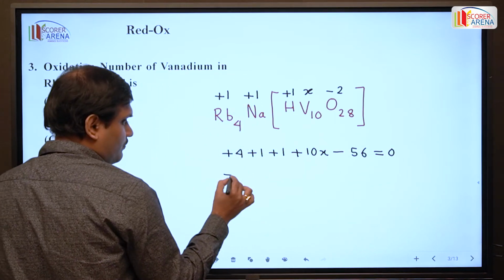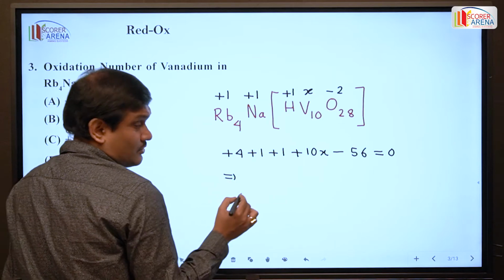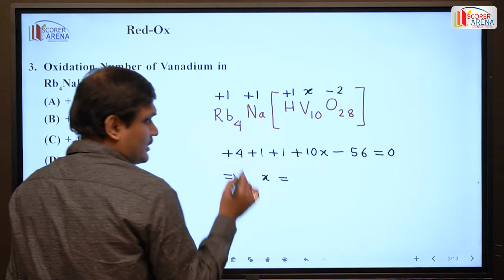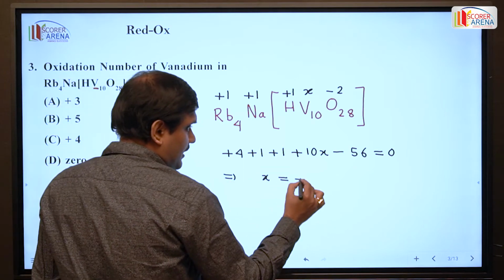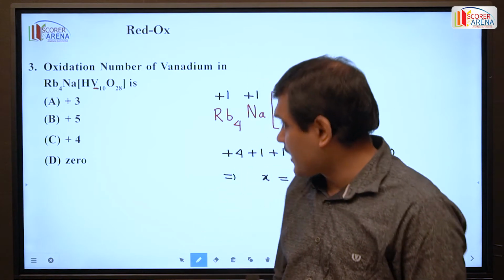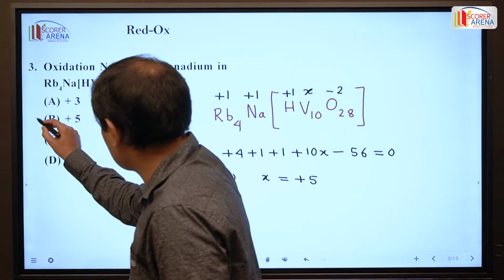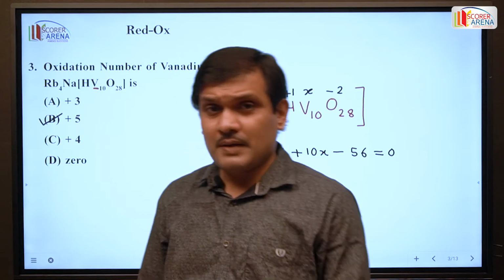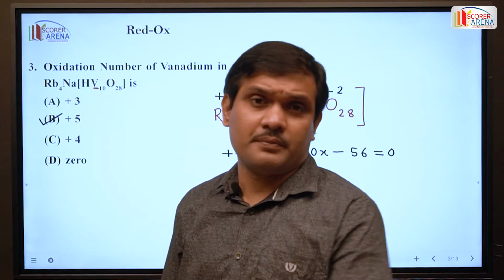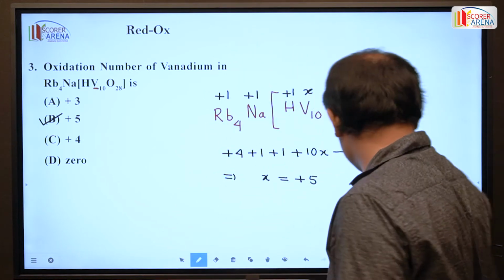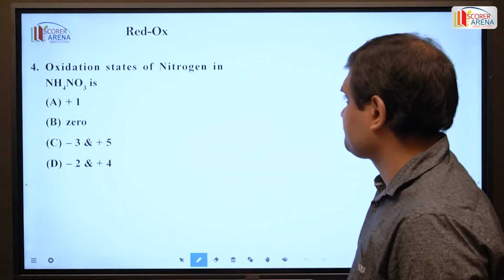So try to find out the value of X. This X value will be plus 5. So vanadium has oxidation number plus 5. So quickly move to our next question.